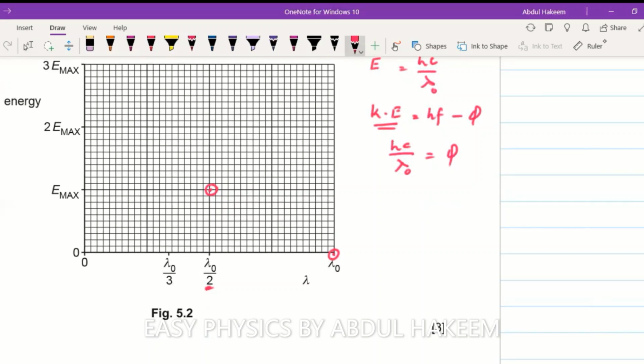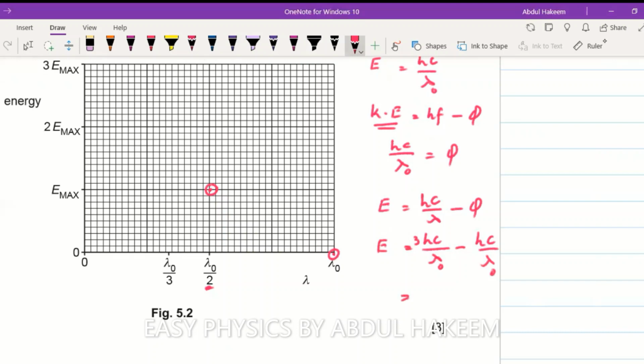Now the energy E is equal to hc over lambda minus phi. So the energy required when lambda is lambda naught by 3: it is 3 times hc over lambda naught, minus phi, which is hc over lambda naught.